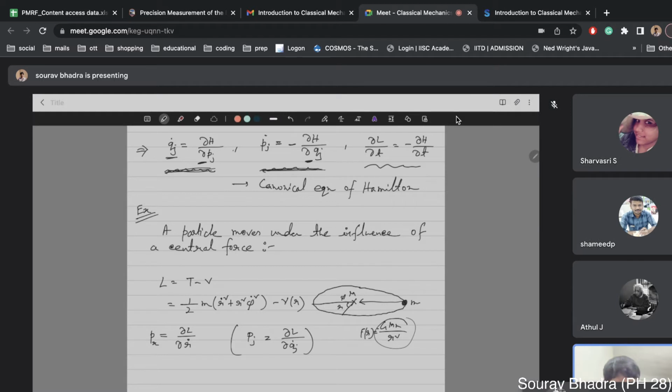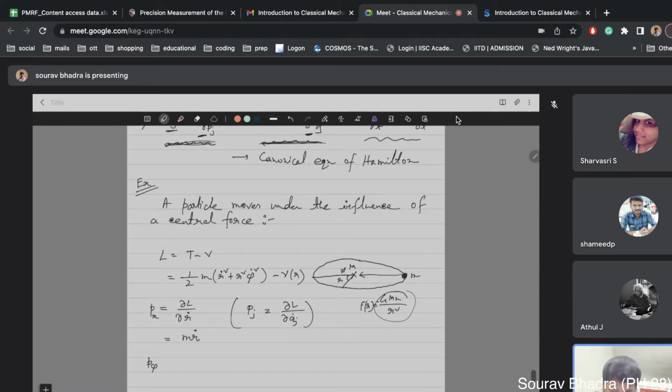So del L del r dot will give you m r dot. Similarly, p phi comes from del L del phi dot, and that will be m r square phi dot. So our P r is m r dot and p phi is m r square phi dot.